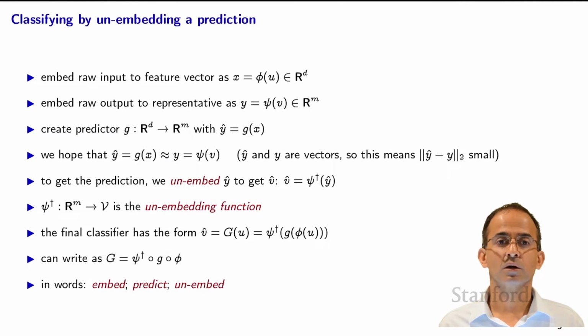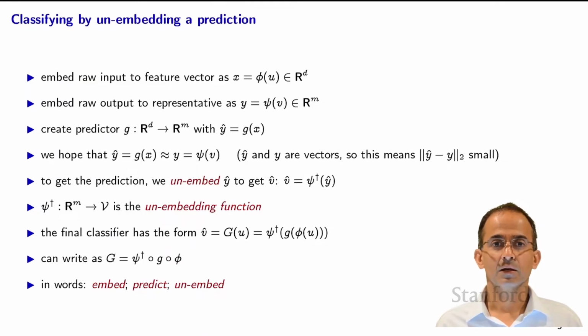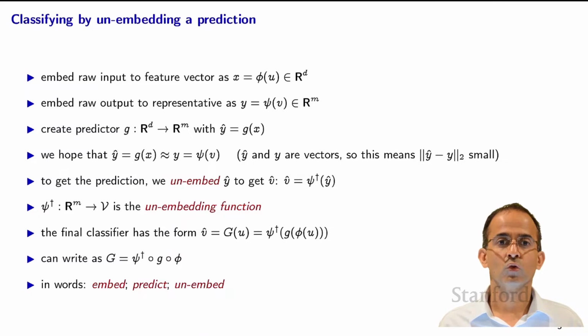Let's look at how this works from the overall predictor point of view. So we start off, we embed our raw input u to a feature vector x via the map phi. The feature vector x lives in Rd. And we've got a raw output, which is in our data set, which is v, which is a categorical.